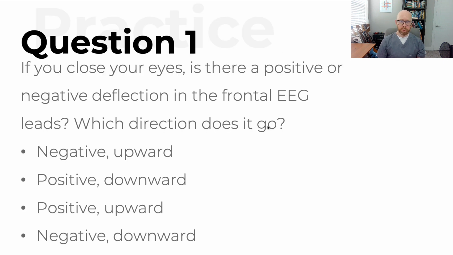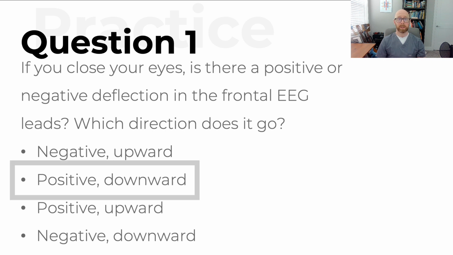If you close your eyes, is there a positive or a negative deflection in the frontal EEG leads? Which direction does the waveform go? Upward or downward? Take a minute, think it through. If you said that it's a positive deflection, but the waveform goes downward, then you would be correct.